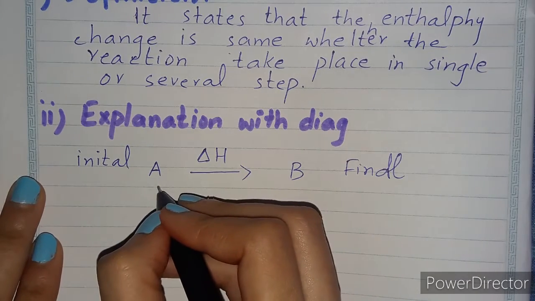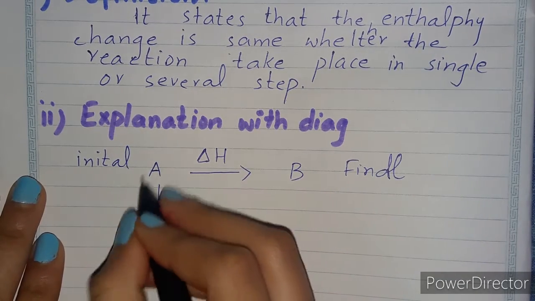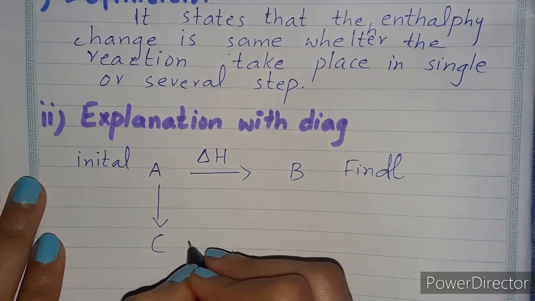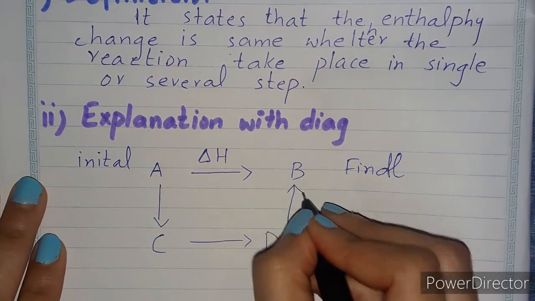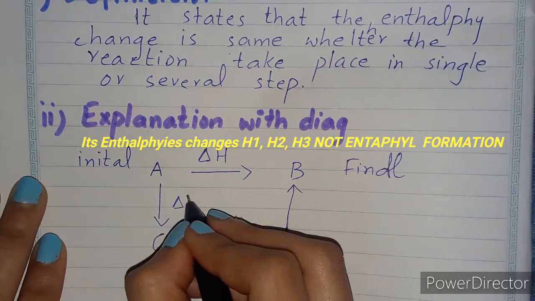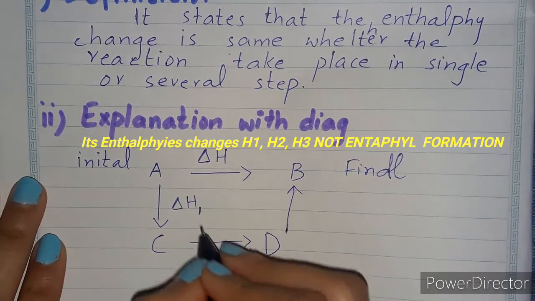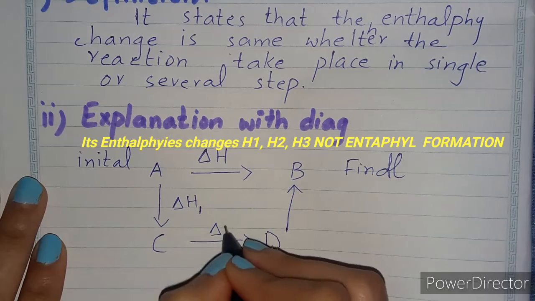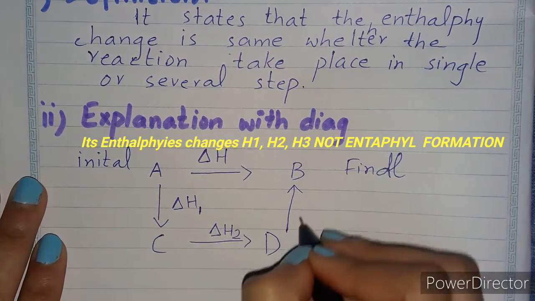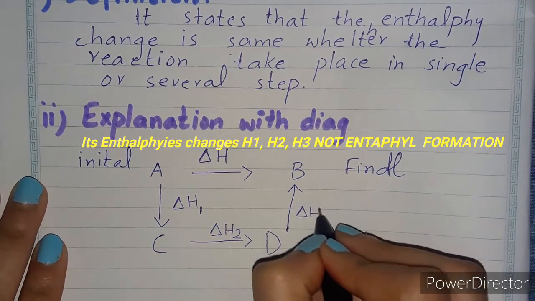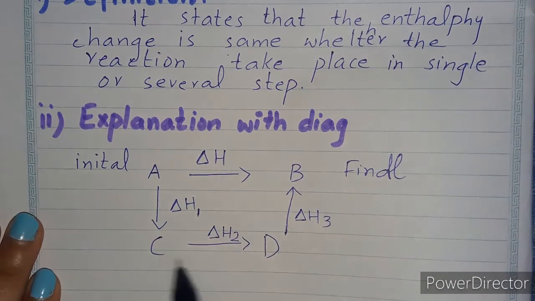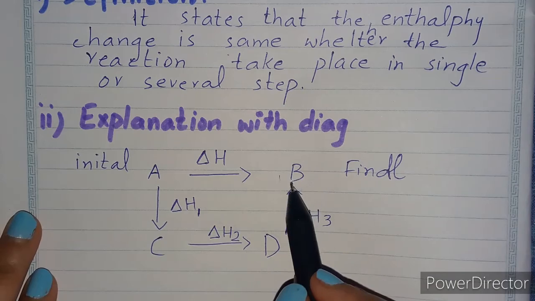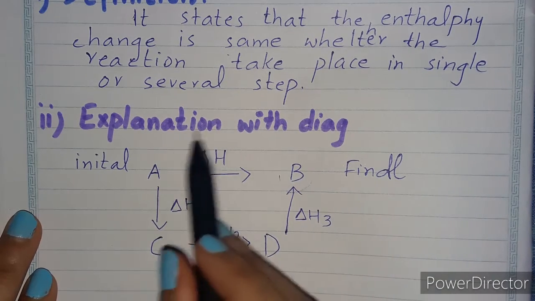Then we take a second path: A converts to C, then D, and D converts to B. Here the first enthalpy of formation is included, then the second, then the third. So we take 3 steps to go to the product B, and this is the single step.